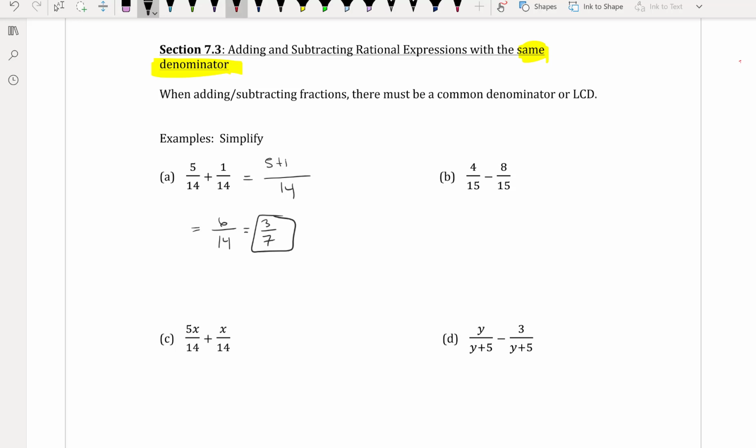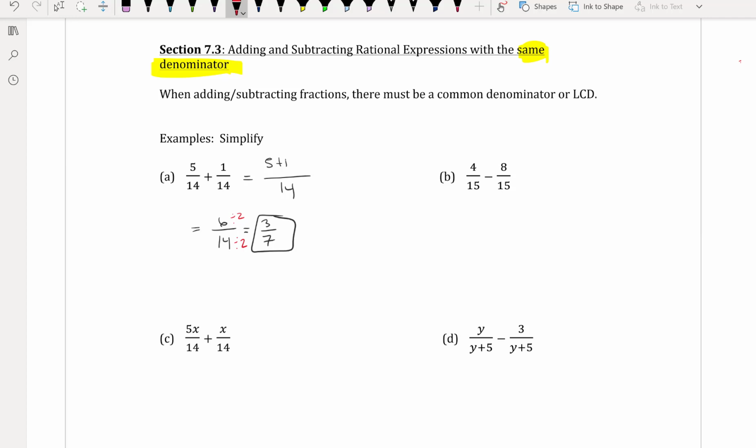Okay, so you can think of it as I divided by 2 to simplify my fraction to give me a 3/7. Or you can just plug it into your calculator. Remember, calculators are allowed on your lectures. And it will reduce your fraction to a 3/7 if you were to do it on the calculator.